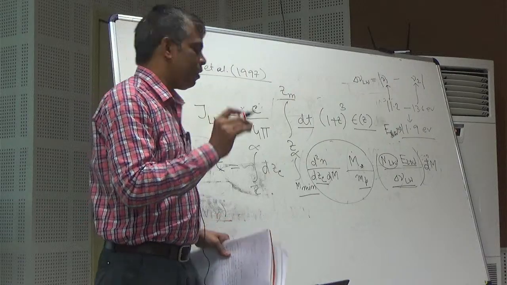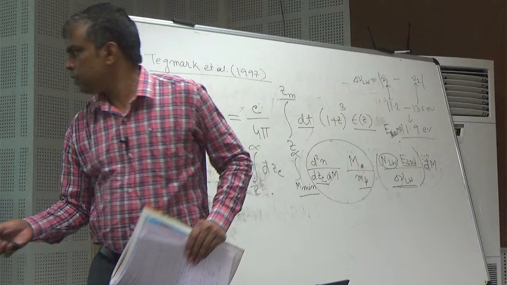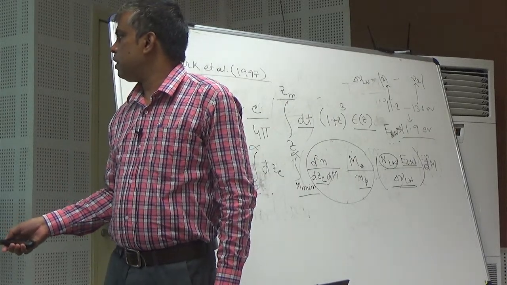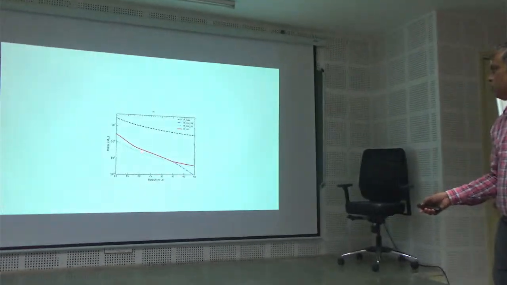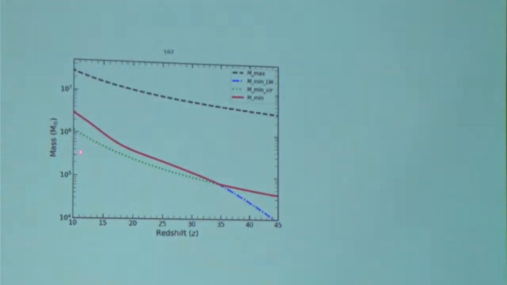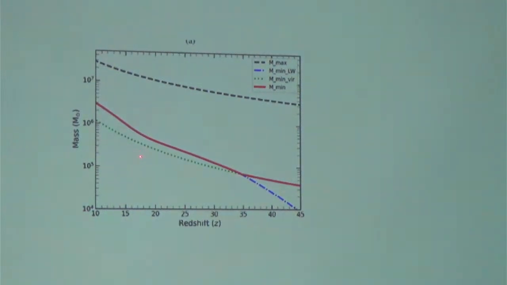Okay. Let's say you consider redshift 20, and the minimum halo mass around 2 times 10 to the power 5 solar mass dark matter halo. So they will be able to form Pop3 stars.